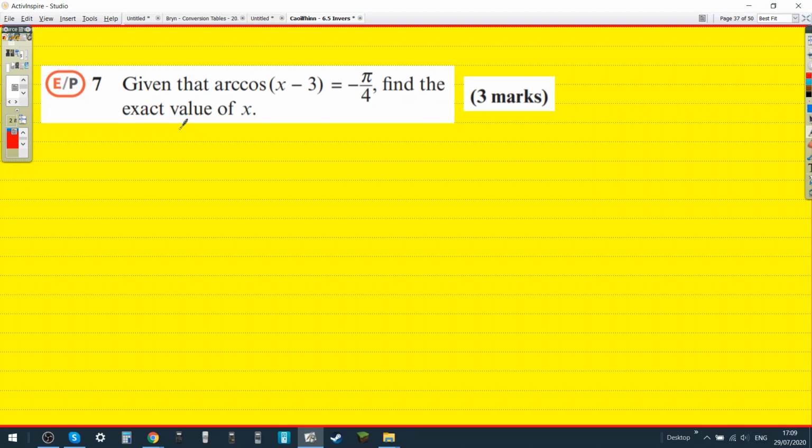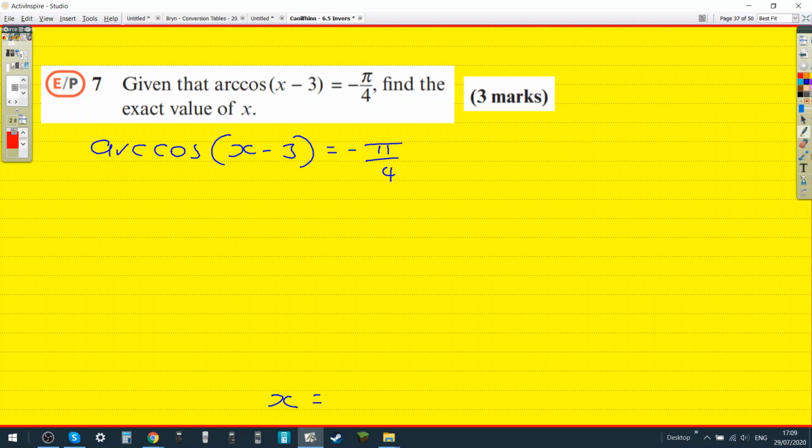Yeah. How would you? So what you're aiming for is x equals. So how do you get rid of all the other stuff? You have to divide minus pi over 4 by arc cos. Kind of. What is the opposite of arc cos? Cos. And so you don't divide it, you just do cos to both sides.